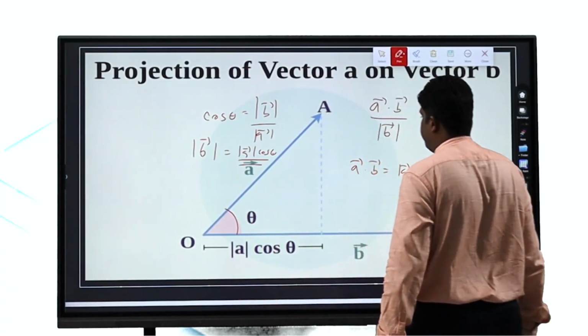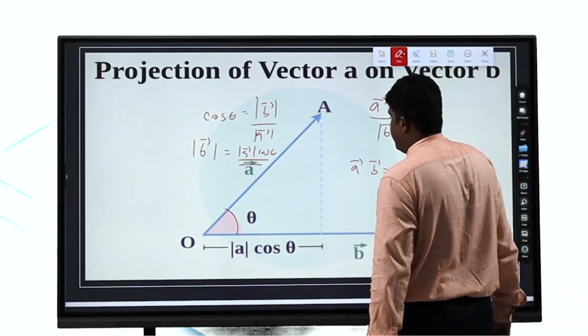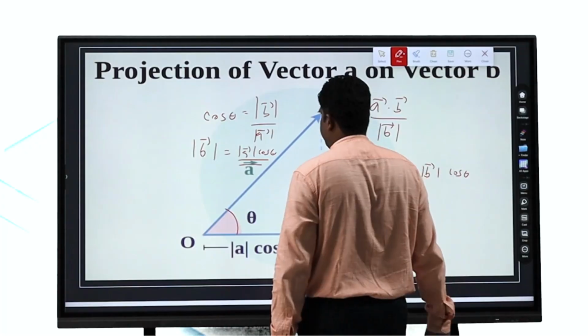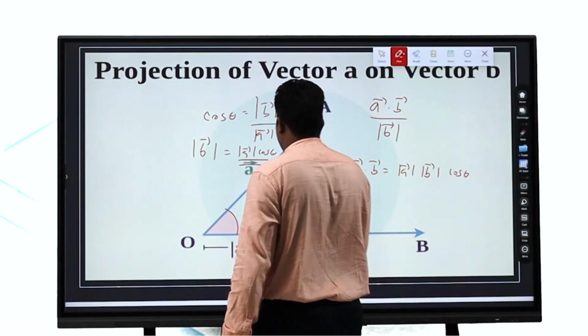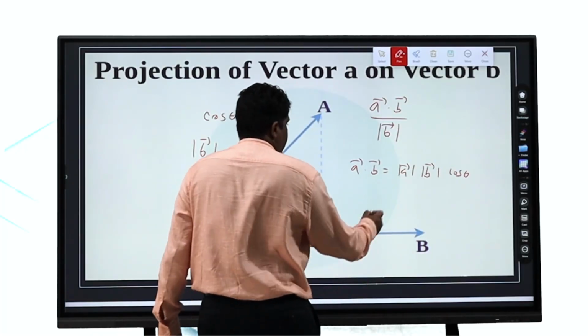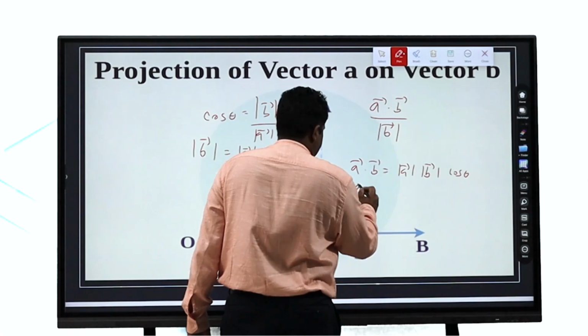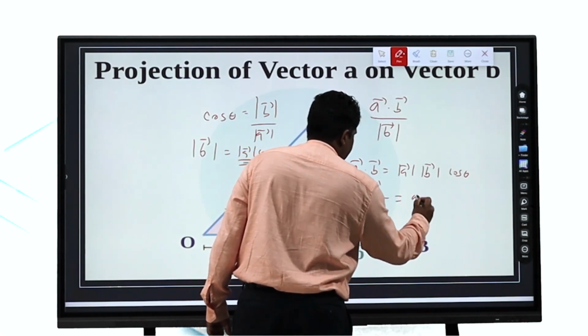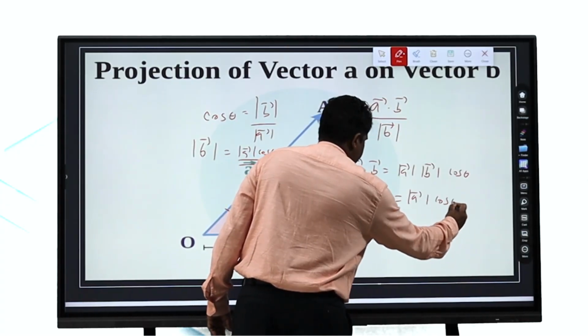Then we can write A dot B divided by magnitude of B is equal to magnitude of A into cos theta.